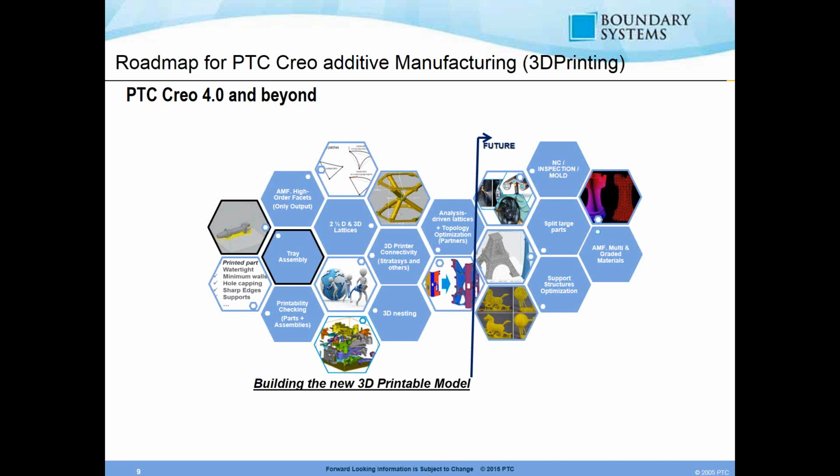For printed parts, we can check for watertight, minimal walls, hole capping, sharp edges, and support. Lattice support structures, lattices and design of lattices. 2.5D and 3D lattices are supported in Creo Parametric 4.0 additive manufacturing. We also have 3D printer connectivity available for Stratasys and a few other machines as well, and more are coming along as we move forward with PTC and Creo's development team.